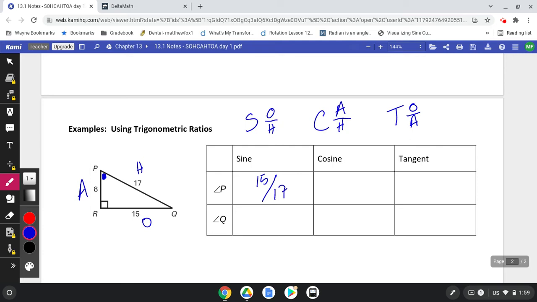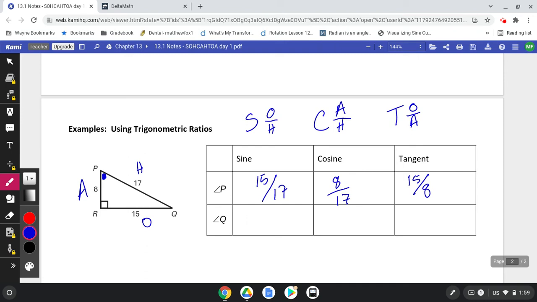The cosine, A over H, is 8 over 17. And finally, TOA, tangent, is opposite over adjacent, so 15 over 8. Okay, we've got our three different ratios for angle P.